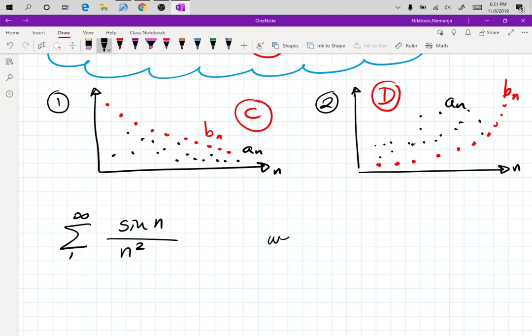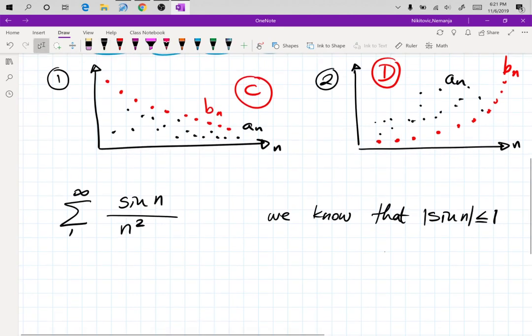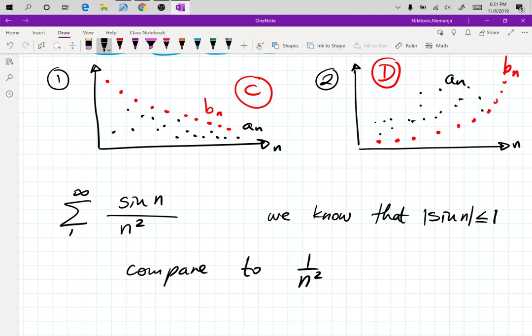Well, we know that sine n is bounded by 1, right? So I can compare to 1 over n squared. And what do I know about 1 over n squared? Yes. Summation of 1 over n squared converges by p series.